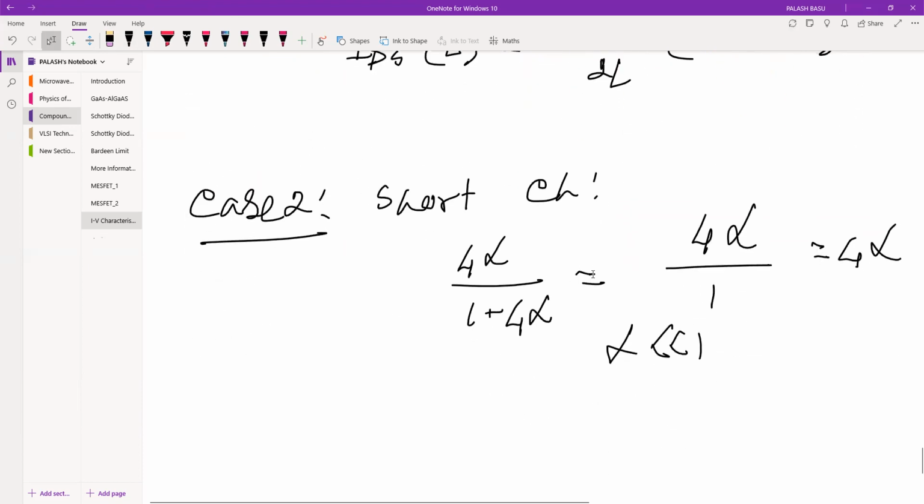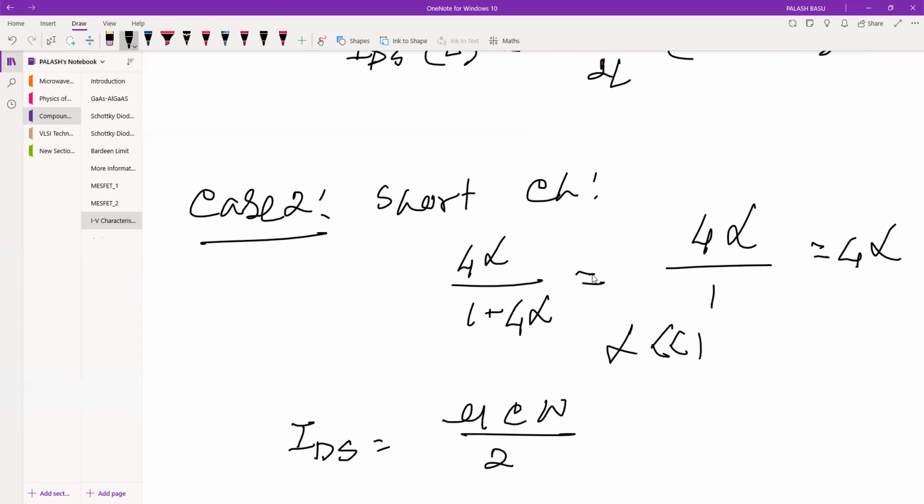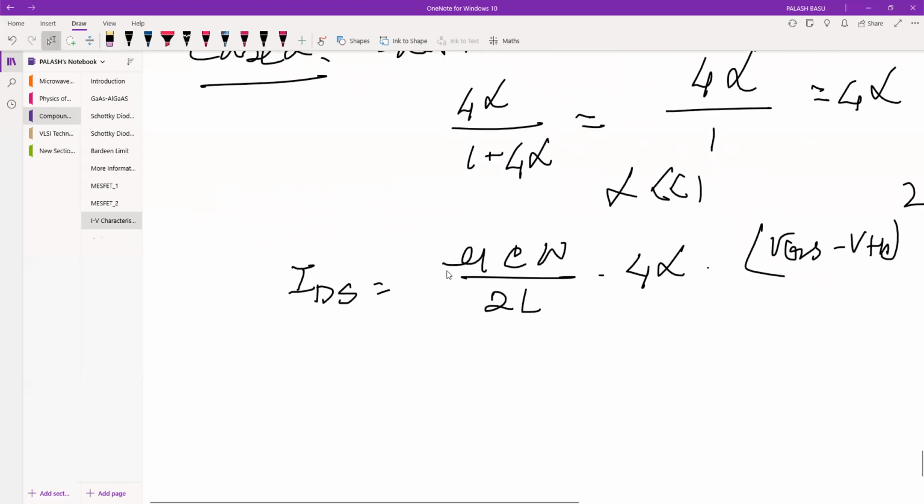Now in this case, what is my IDS? IDS would be mu C W by 2L into 4 alpha into VGS minus V threshold. So in this case, you see mu C W by 2L, what is 4 into alpha?